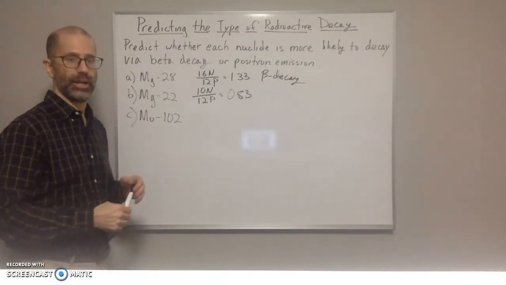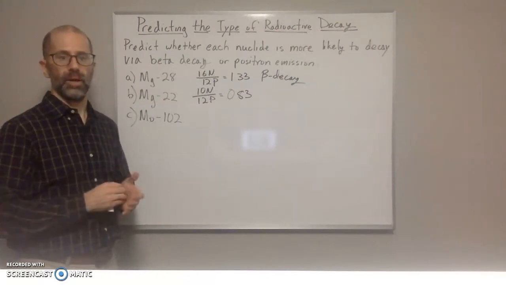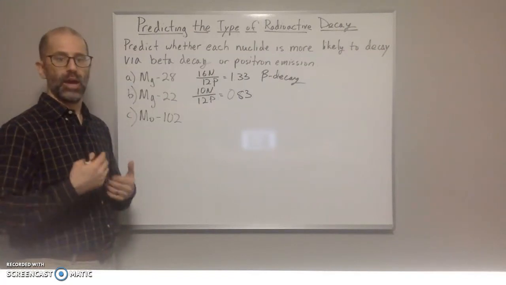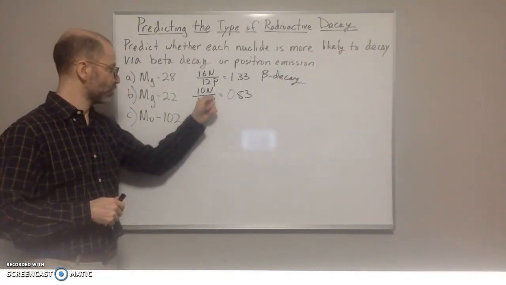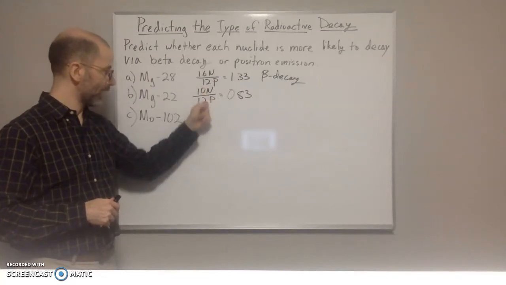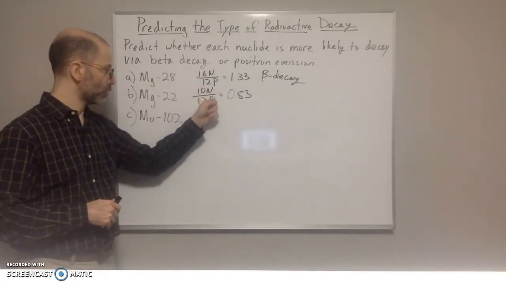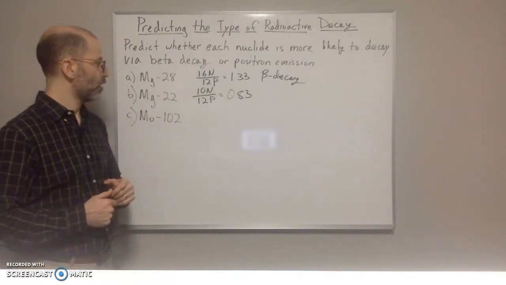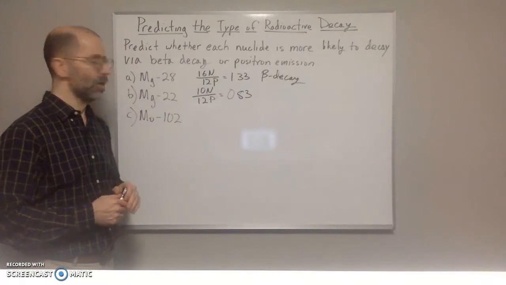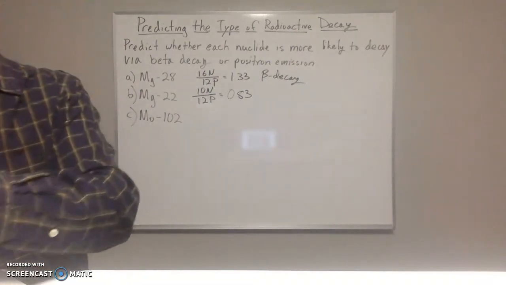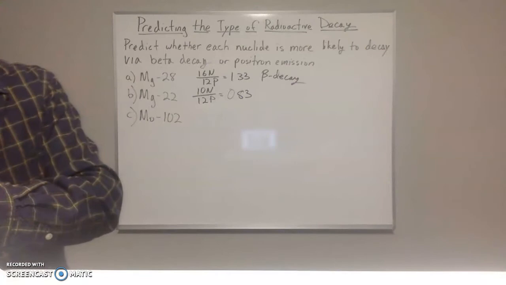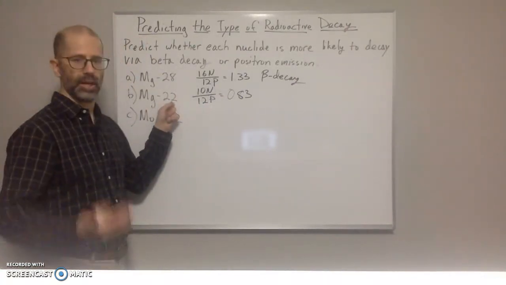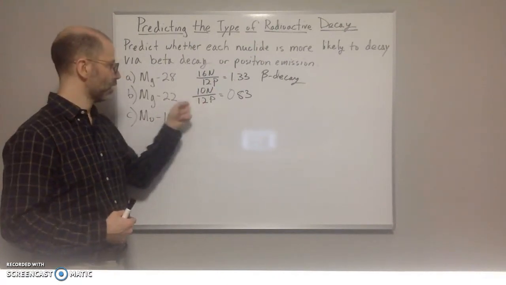So either it can go through positron emission or electron capture. Either of those is going to raise this ratio of neutrons to protons. In this case, either one would work, but I believe positron emission is the only one that we observe, but electron capture would have the same effect.